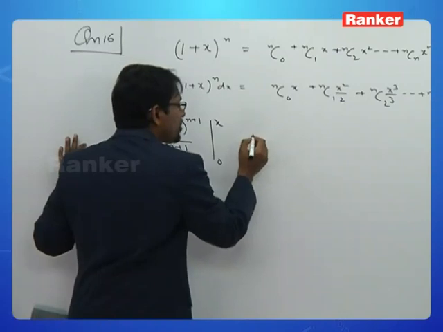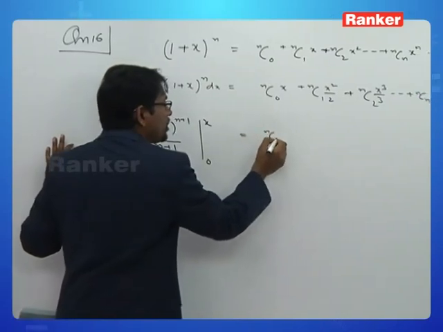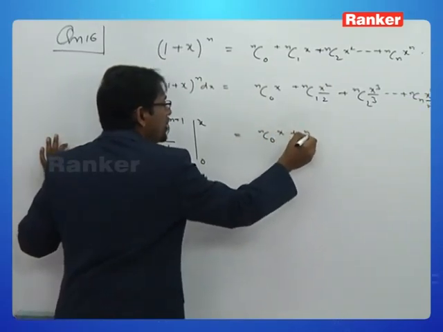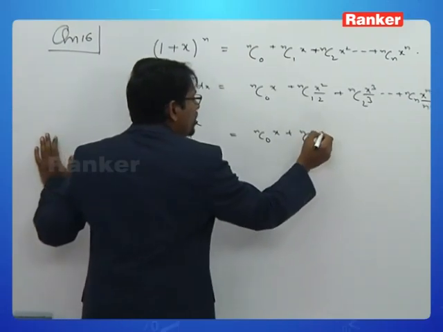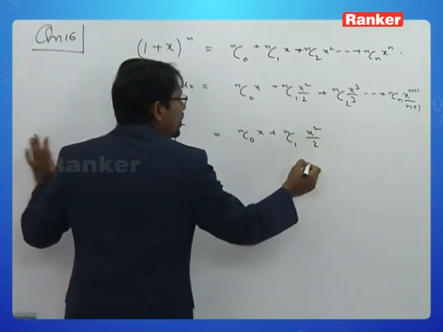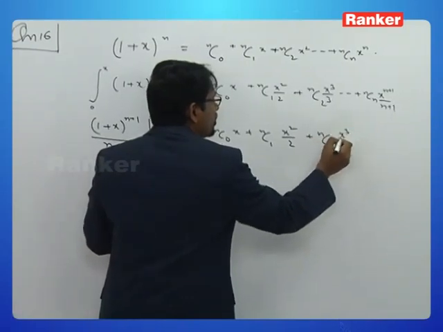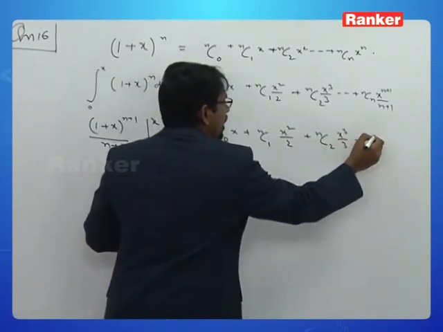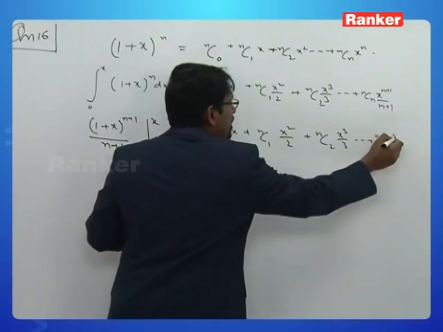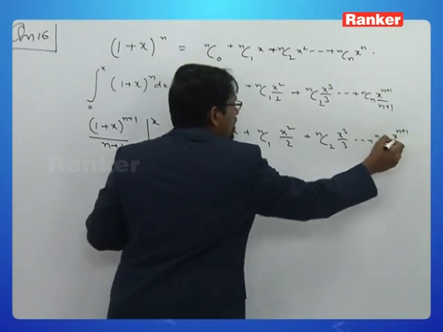And the right side is the expansion nC0 into x plus nC1 into x square by 2 plus nC2 into x cube by 3, so on and so forth, nCn into x power n plus 1 by n plus 1.